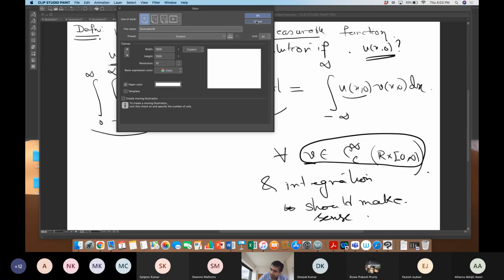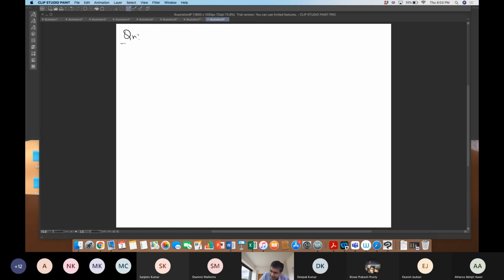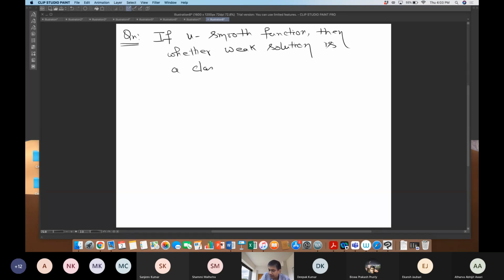The question is, if u is a smooth function, then whether a weak solution is a classical solution?